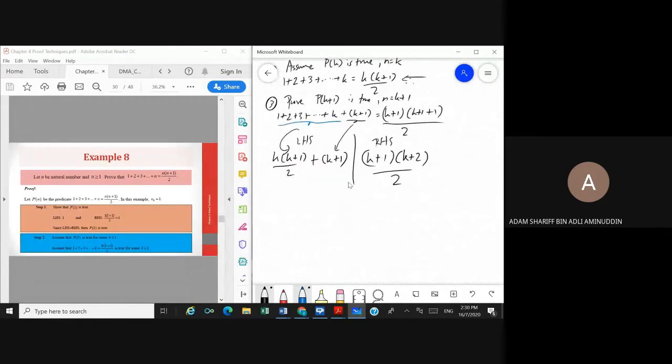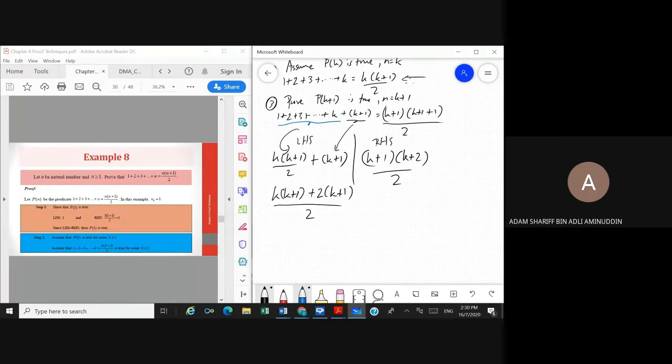Right now, it does not seem similar yet, so you must prove it. If you master factorization, this will be k plus 1 times k plus 2 over 2.